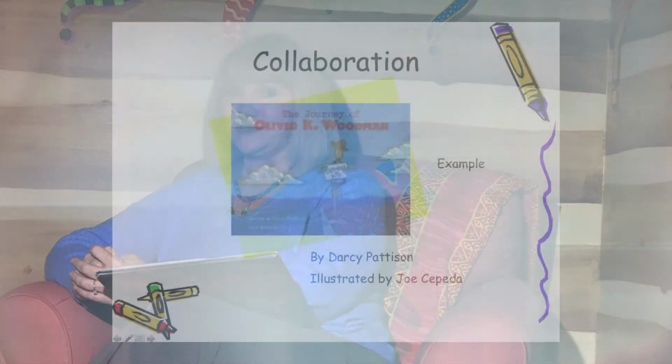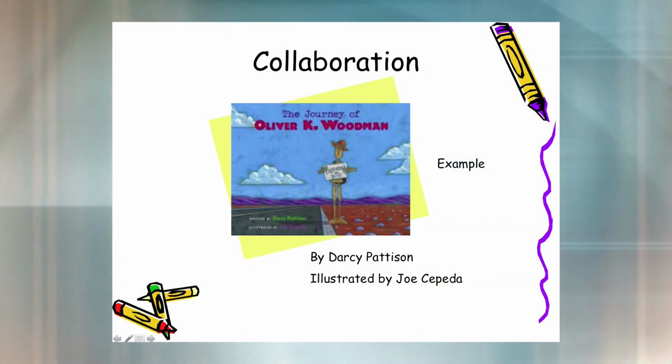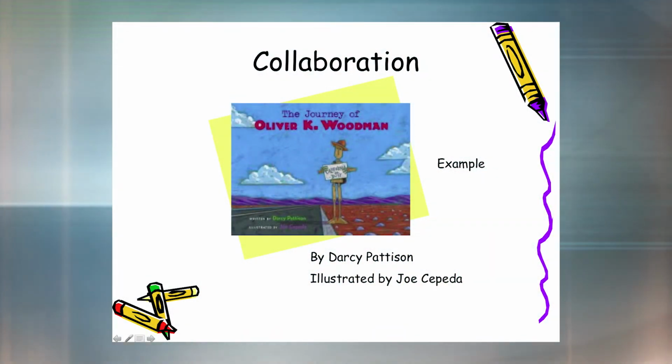So I'm going to share with you an example of collaboration that revolved around a storybook. It all started in an upstate New York elementary school with a book called Oliver K. Woodman by Darcy Patterson. It tells the story of a wooden man named Oliver who travels from South Carolina all the way across the United States to California.